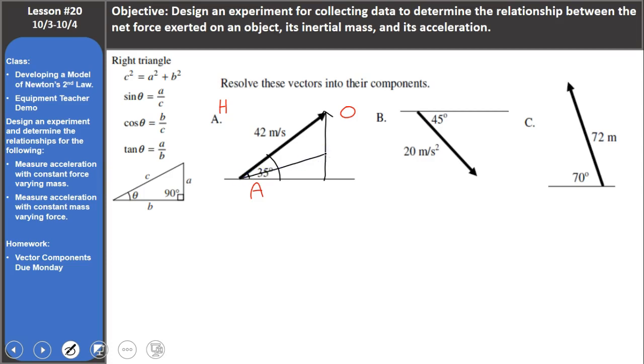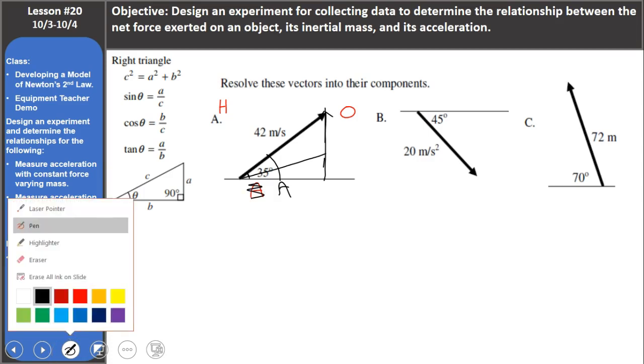If you start out there and you go out from the angle that you know, then that is the opposite, right here. The opposite leg. That only leaves one other leg, and that's the adjacent. So this is the adjacent leg right here.